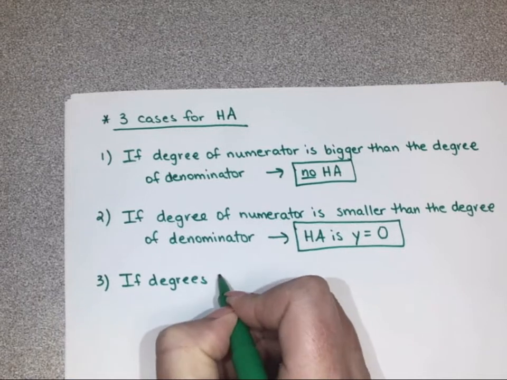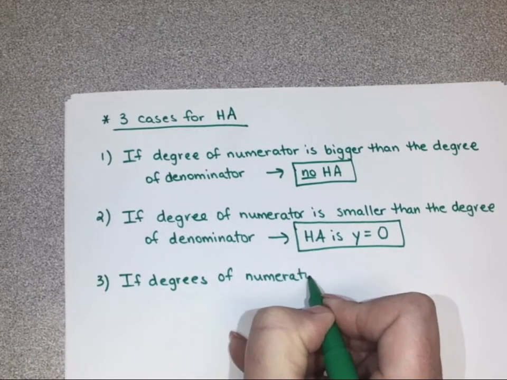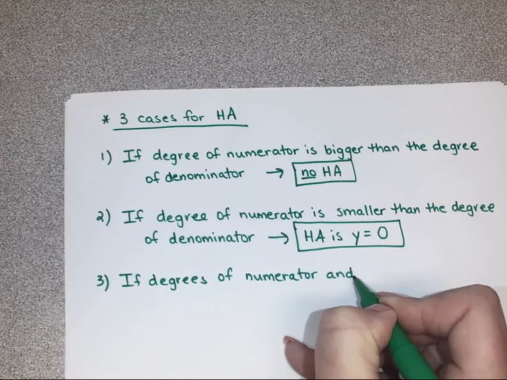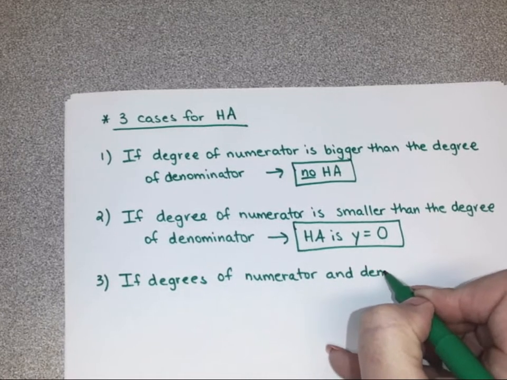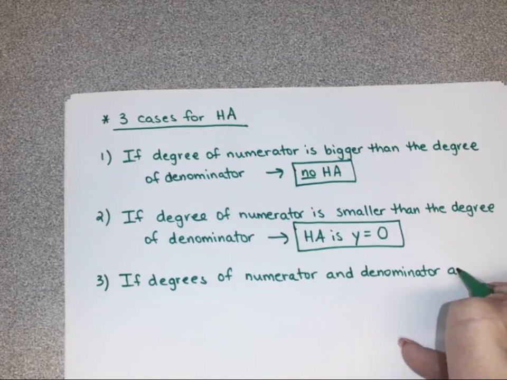So if the degrees of the numerator and denominator are the same as each other, then basically you just pull the leading coefficient from the top over the leading coefficient for the bottom.